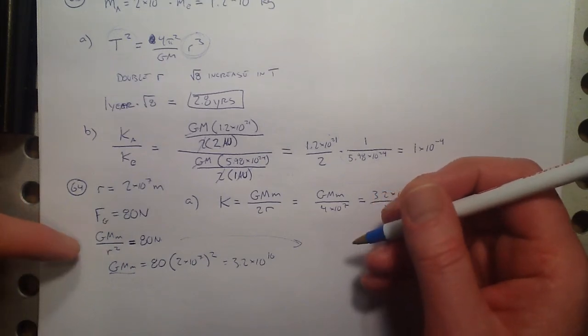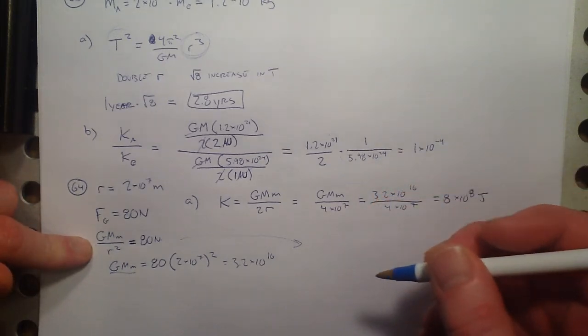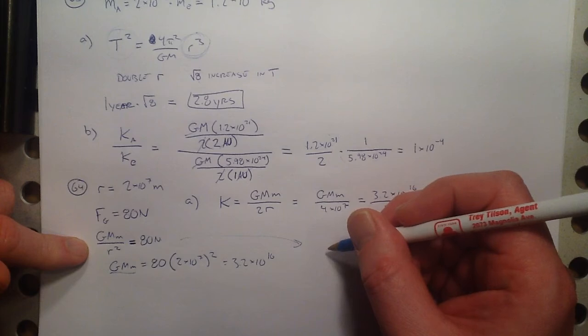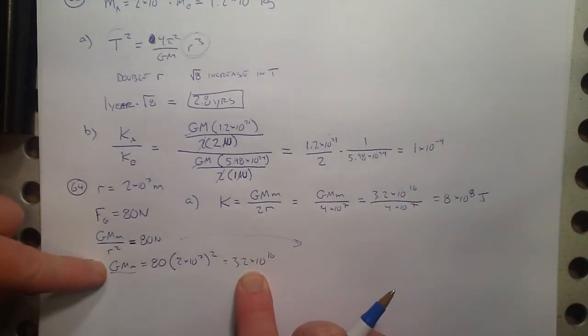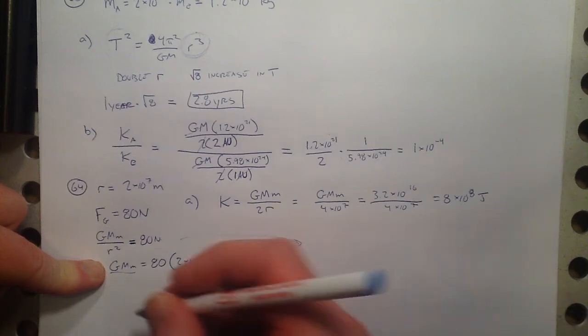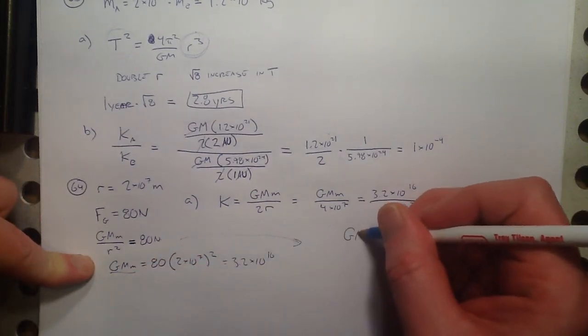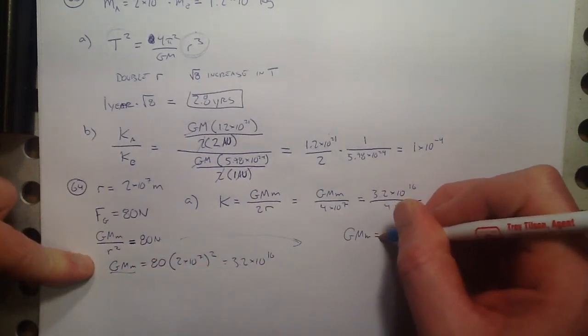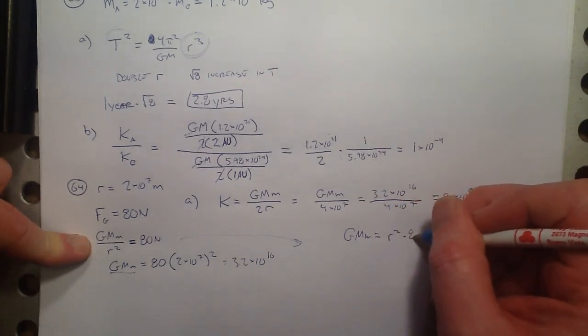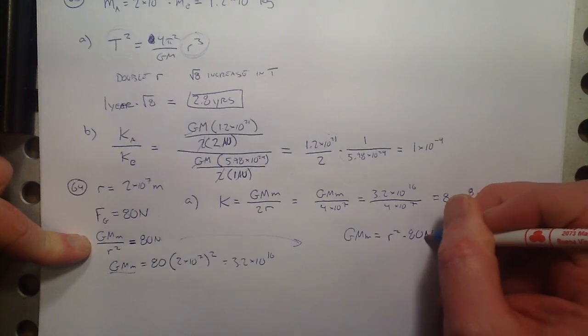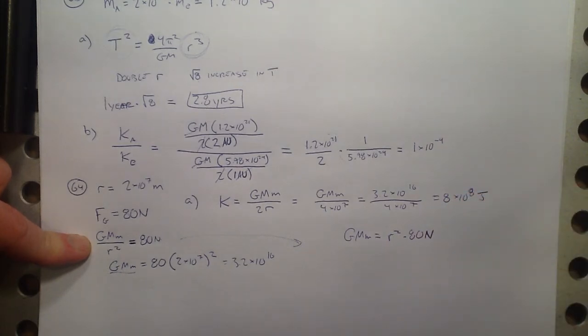I guess the easiest way would be to say that this is constant, GMM, and by tweaking this equation, it's going to be equal to r squared times 80 newtons.